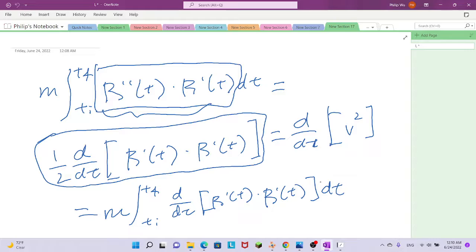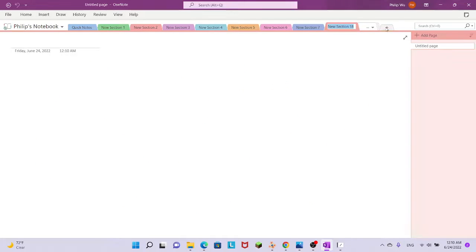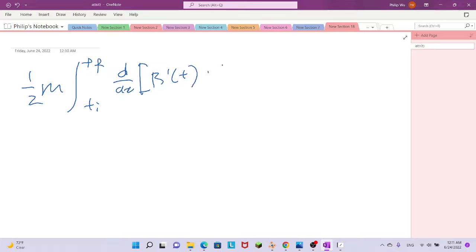So we get this, and let's put this on a new page. We've managed to, using that equivalence between two different derivatives, also have this expression. And this is just the fundamental theorem of calculus.